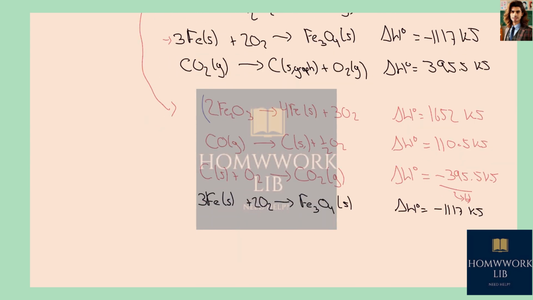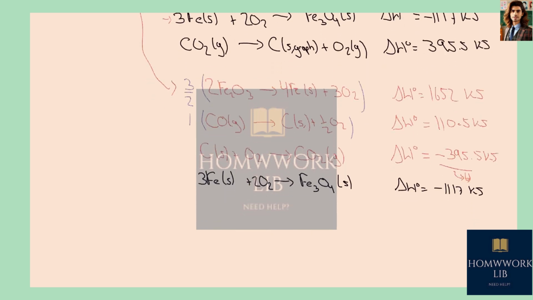I multiply the whole equation by 3 halves. Of CO, I have only 1, so I can just leave it like that. Of CO2, the product, I also only have 1, so I'm good to go, times 1. And for the final one, I'm going to multiply this by 2.